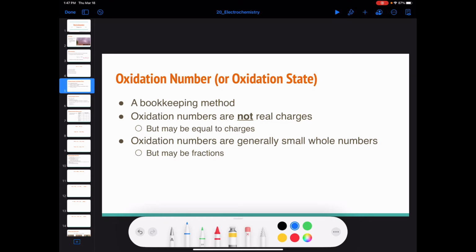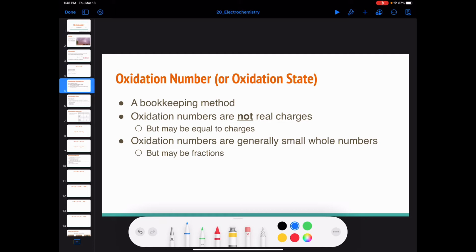On the other hand, if I have something like sulfur trioxide gas, in that case, sulfur is going to end up having a +6 oxidation number, but that does not mean that the sulfur actually has a +6 charge, okay? Charges are discrete things that you can actually measure in the lab, but oxidation numbers are like accounting, right? It's just our way of keeping tabs on where our electrons are, okay?